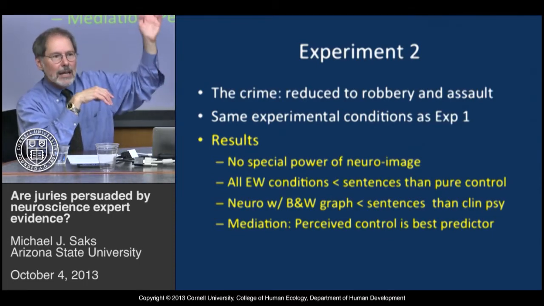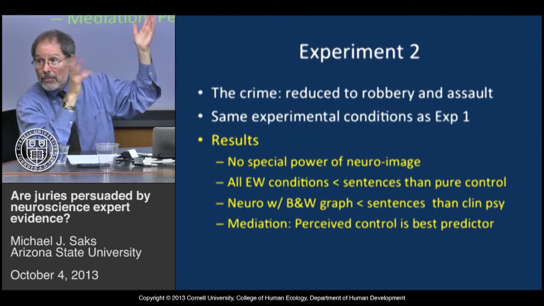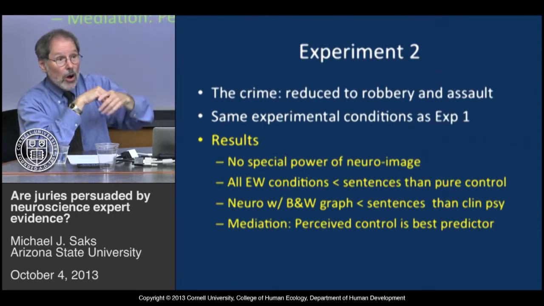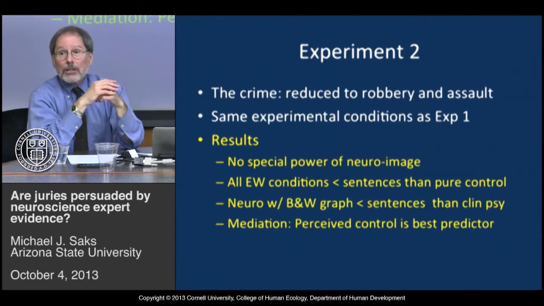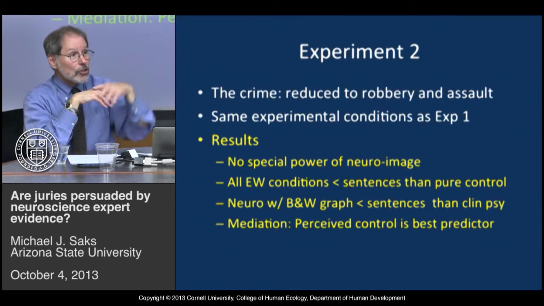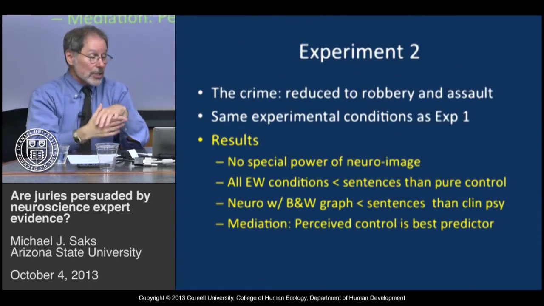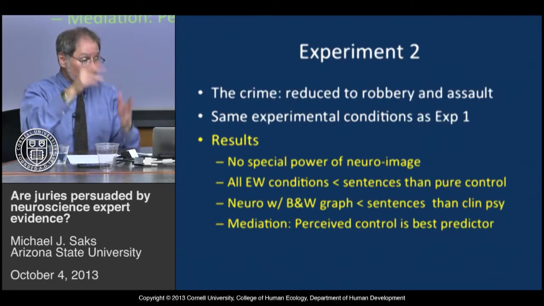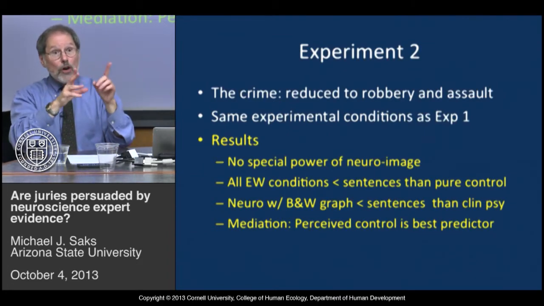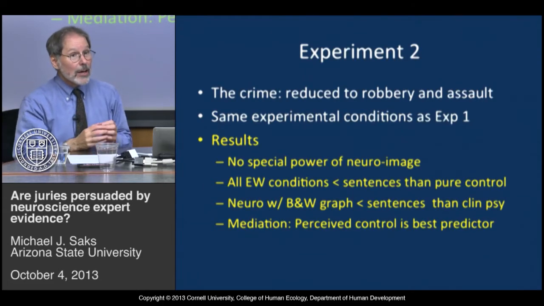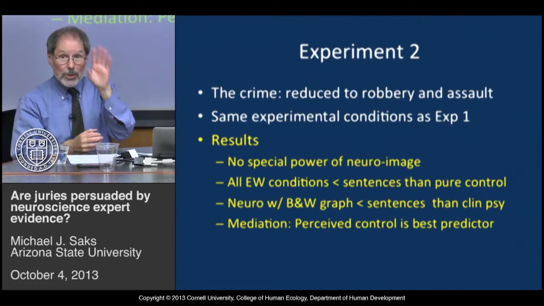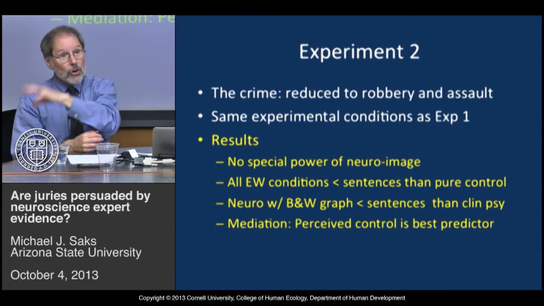In the control condition, no expert witnesses at all, they think, well, it's just some person who's committing a crime and has plenty of control, just chose not to exercise it. So the conditions did affect their perception of control, and their perception of control had some effect on verdicts and sentences.